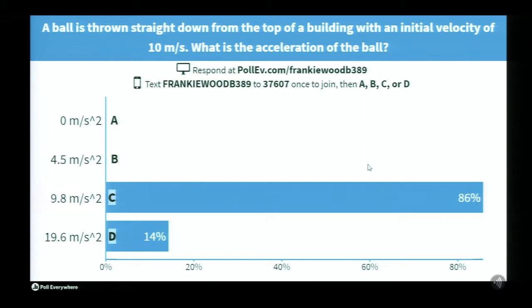Choices are 0 meters per second squared, which is A. B is 4.5 meters per second squared. C is 9.8 meters per second squared. And D is 19.6 meters per second squared.